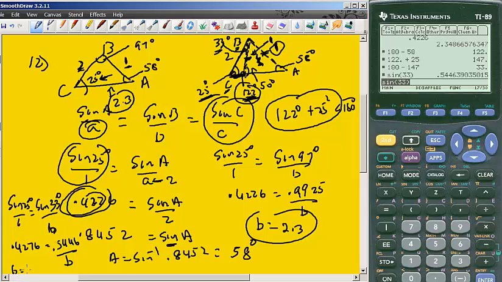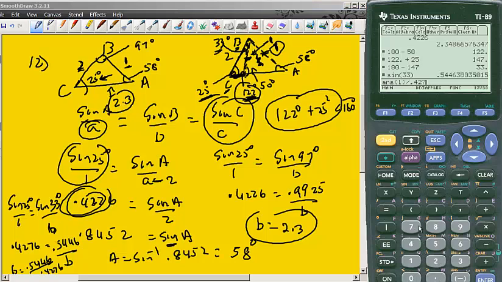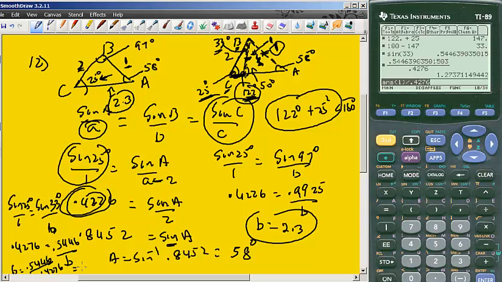So my b is equal to 0.5446 divided by 0.4226. We enter that, and side B now turns out to be 1.3.